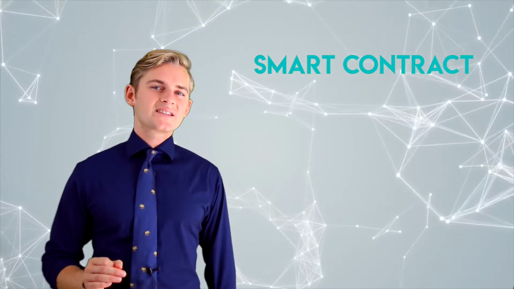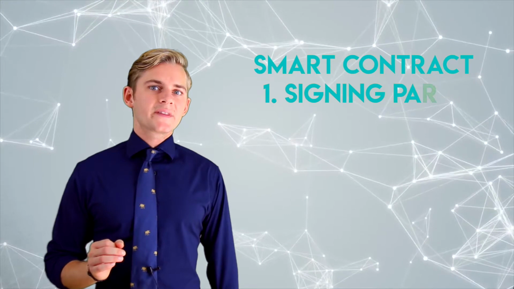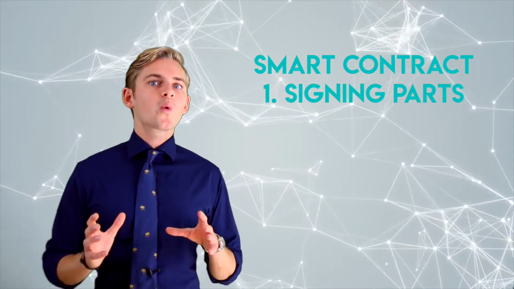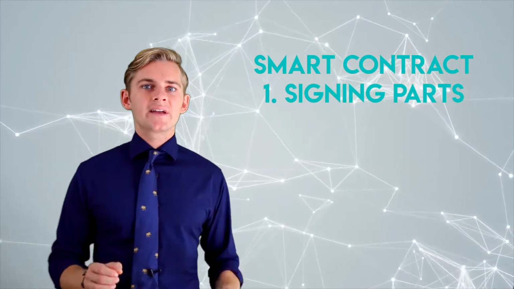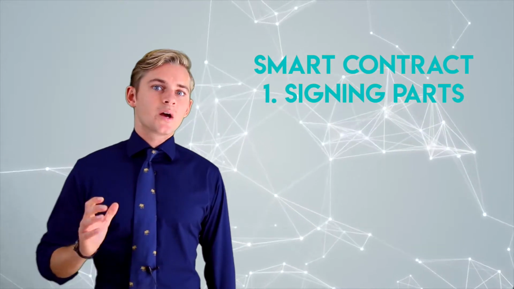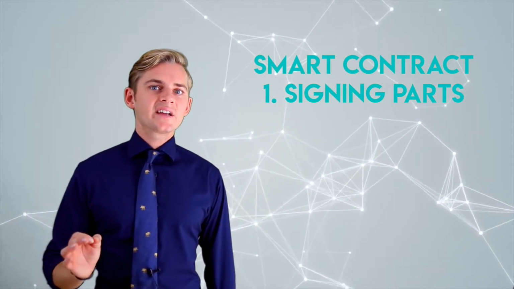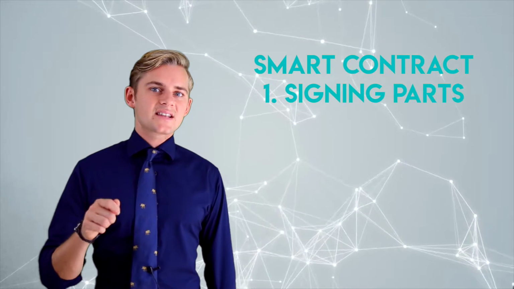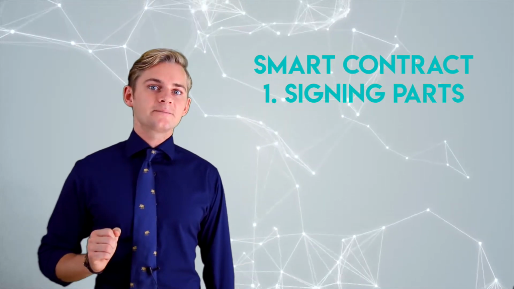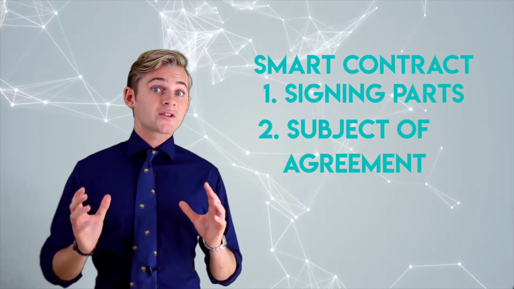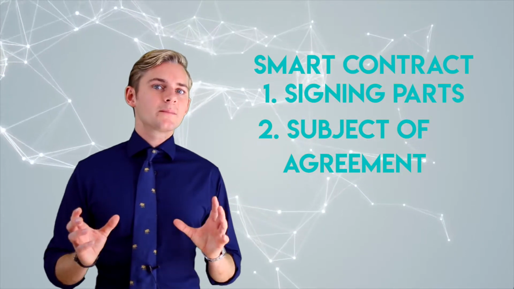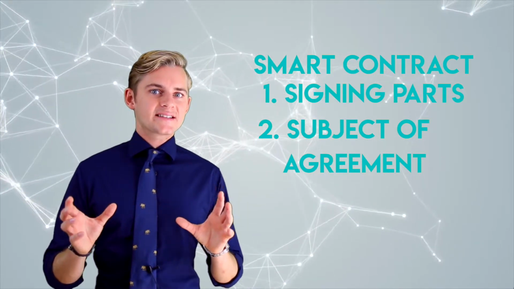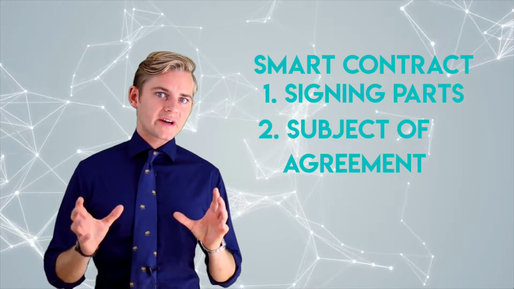The first one is the signing parties, which means that there are two or more parties that go in and sign off the contract. They are agreeing or disagreeing by signing off the contract digitally. The second thing is the subject of agreement. This can only be objects that actually exist in the smart contract environment.